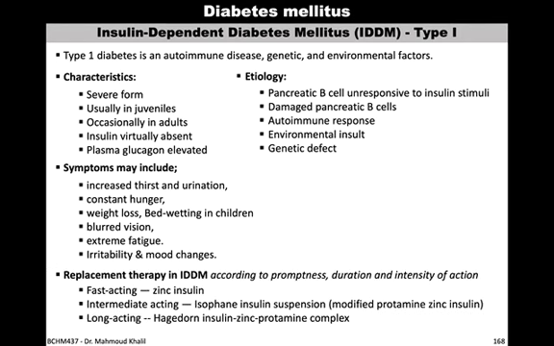What's the replacement therapy for IDDM? According to promptness, duration, and intensity of action, so it's a case by case. There are three types of therapy or drugs. There are fast-acting drugs, which is actually zinc insulin, and an intermediate-acting one, like the isophane insulin suspension, which is actually modified from the initial fast-acting protamine zinc insulin, and you have the long-acting insulin zinc protamine complex.